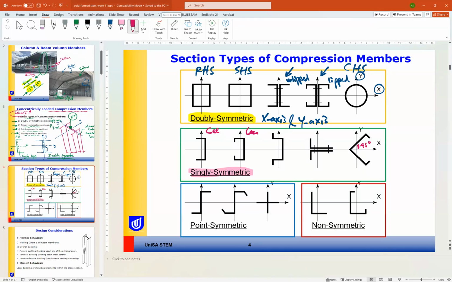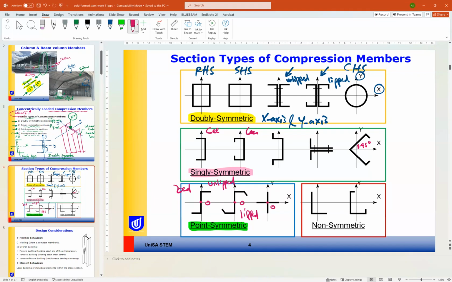Point symmetric sections, like this one here, like the Z section here. For the Z section, we have unlipped Z and lipped Z, or this cross section, or the plus section, which is symmetric about this point here.